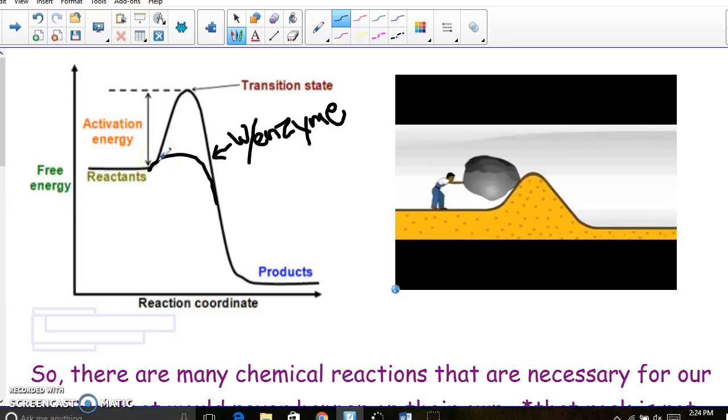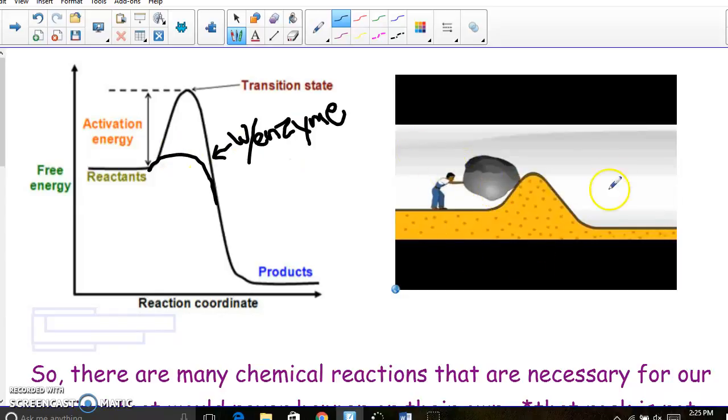So like that carbon dioxide dissolving in our blood, it probably isn't going to happen on its own. It needs too much energy to happen on its own. However, all of a sudden we involve an enzyme and it becomes easier. So this chemical reaction starts happening 250 times faster than without an enzyme. So this is a really important table or graph. I really want you to get to know this graph.